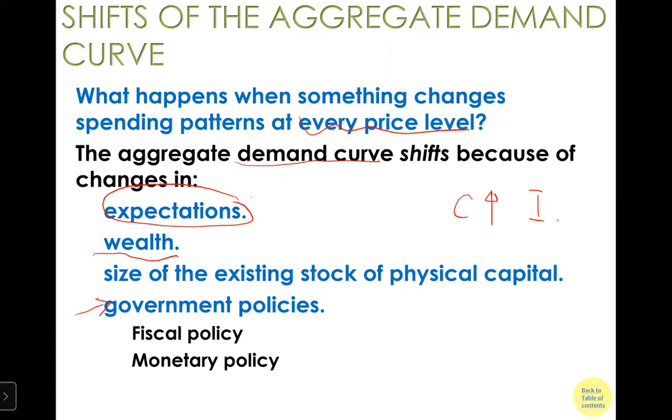So this is expectation. Okay, wealth. For some reason, if the aggregate wealth of the economy increases, then we may increase our consumption and investment altogether, right? Now the third impact comes from the side of the existing stock of physical capital. So that largely affects the business.